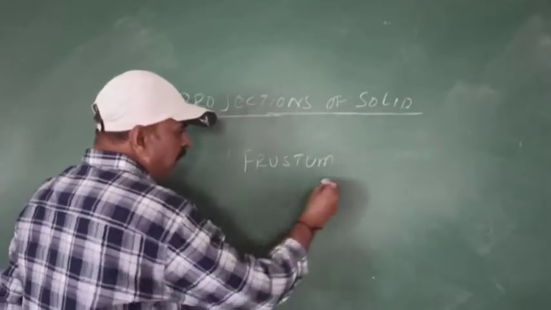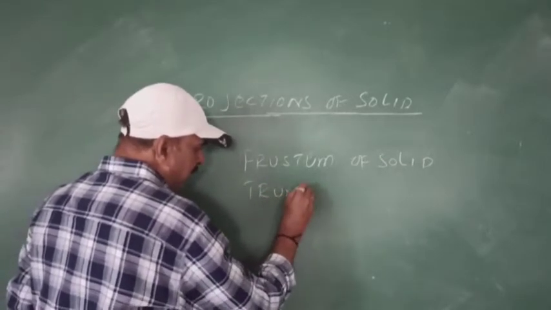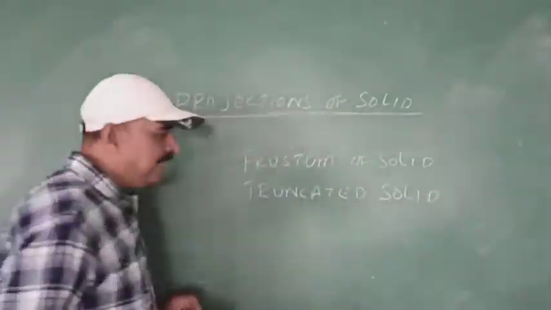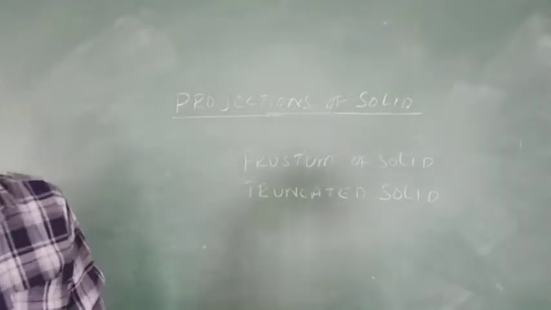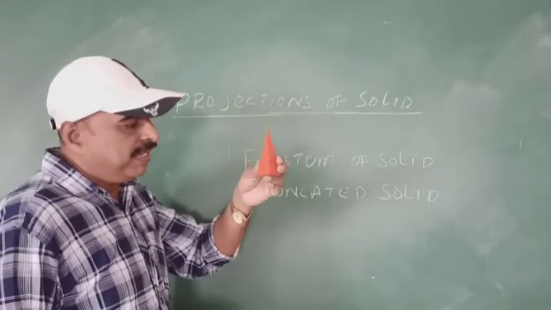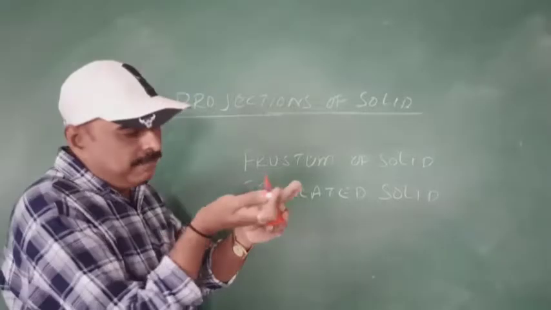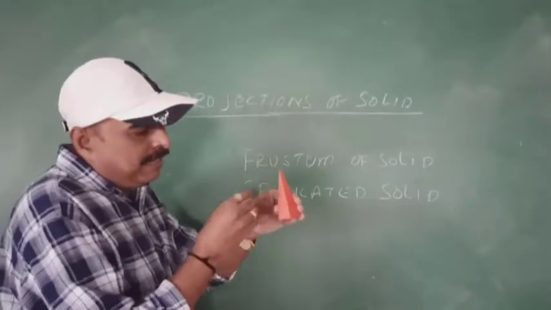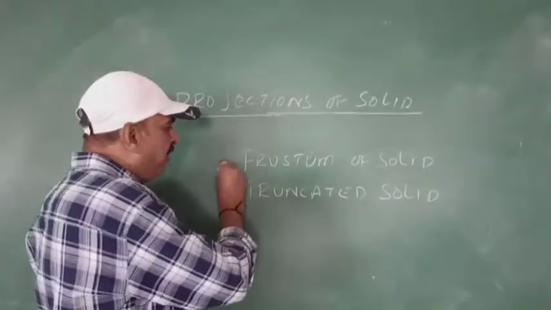Frustrum of solid, or truncated solid. Frustrum of solid means if any object, for example a pyramid, is cut by an imaginary section plane so that the section plane is parallel to the base, and the remaining portion, after removing the cut portion, is known as a frustrum.